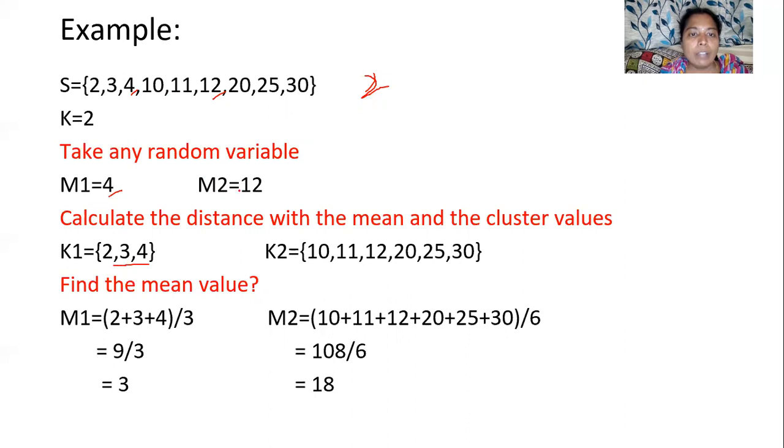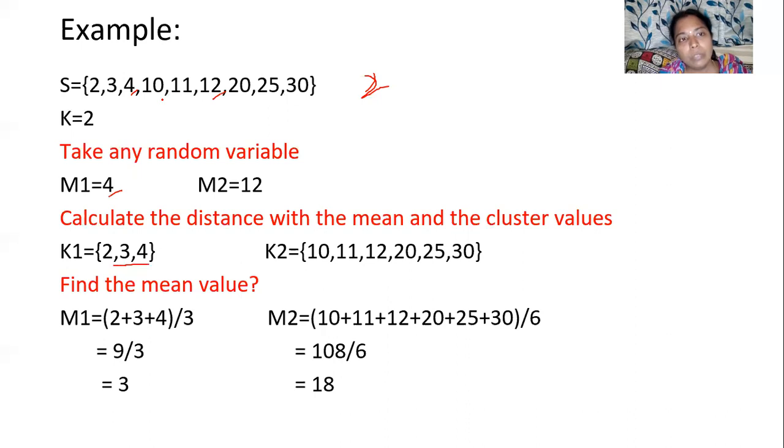Again for the second random value, that is 12, we do the same: we find the difference between the data point and the mean value. Here 2 minus 12 is 10. When compared to the value 4, the difference is much higher, so we will not consider the values 2, 3 and 4.